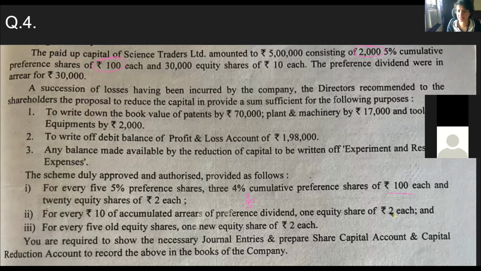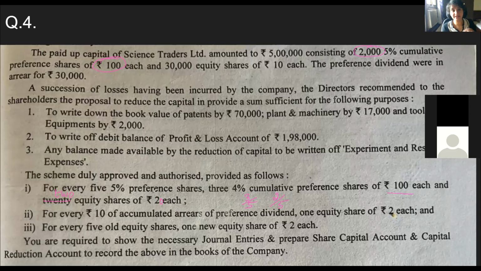I guess this should be 2 equity shares, because for every 5 they gave 3, so it should be 2 equity shares. I think there is a mistake in the question. It should not be 20. It should be 2 equity shares of rupees 20 each.